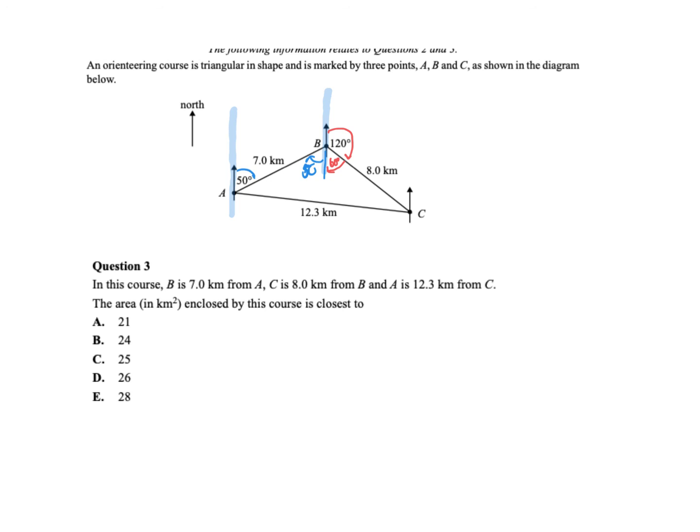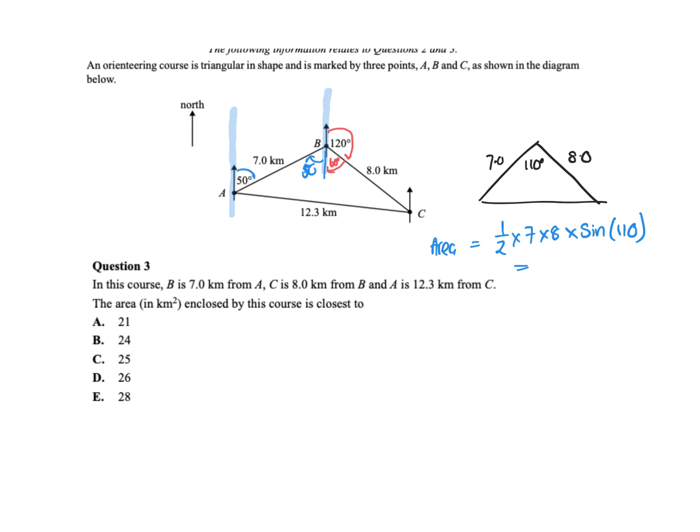So essentially I've found a triangle where they've given me two sides and the included angle, which would be 50 plus 60, which is 110 degrees. So I can use the sine rule again, where I go 1/2 times 7 times 8 times sine 110, and that's going to give me the area.